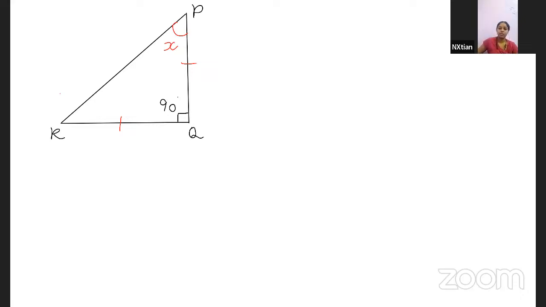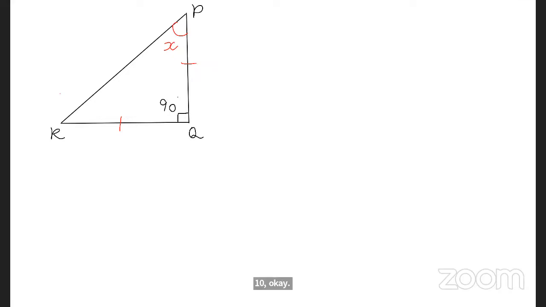All right, let's see why this is happening. In the question it is given that PQ is equal to QR. Therefore, angle P will be equal to angle R. Why? Because angles opposite to equal sides are equal.